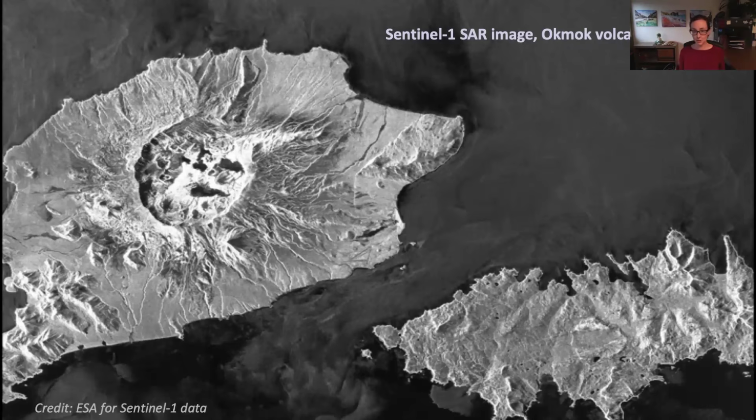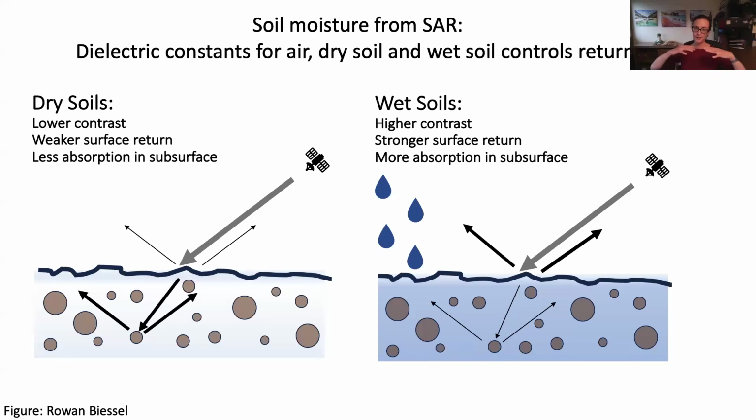And so when we think about soil moisture, then we're actually going to a different level. If you keep the surface the same, you're not changing its roughness in any way, you're still going to see variations in how bright the surface is based on whether or not it's wet. If you have a dry soil, you have a low contrast between air and the dielectric constant of the soil, right? So much of the energy will go into the soil and you'll only have a relatively small return coming back towards the satellite.